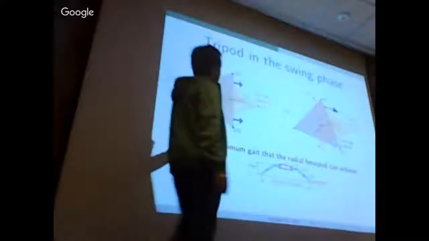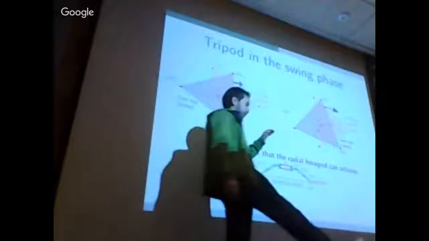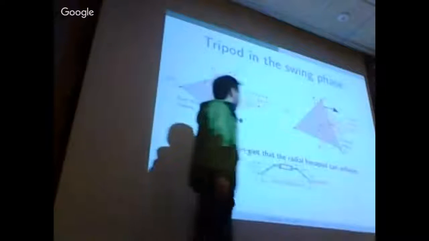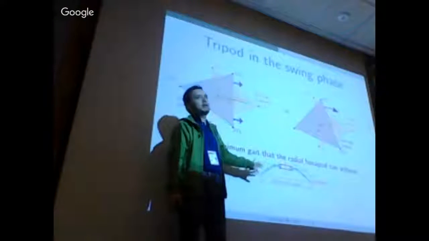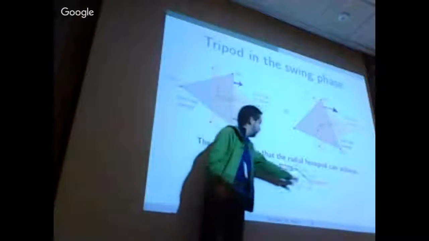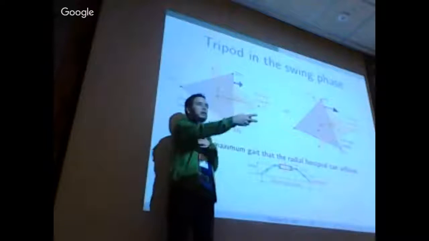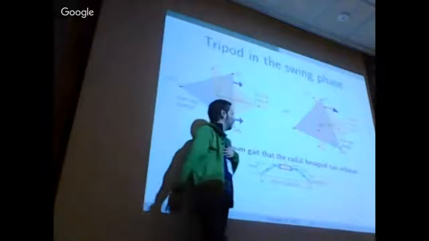And how far the swing tripod will move ahead of us is defined by the height, the clearance of the robot at each moment, and the theoretical maximum extension that the robot can cover in one step.